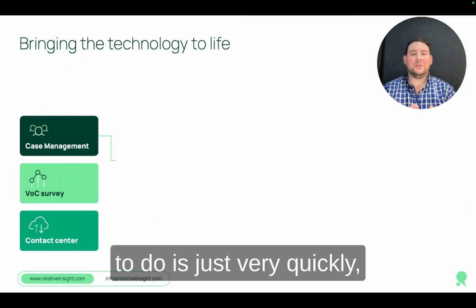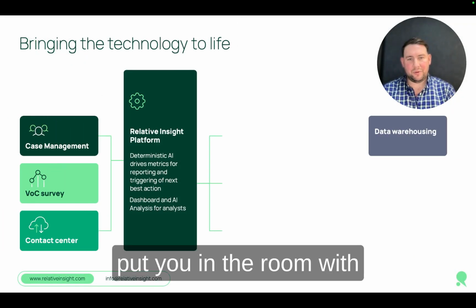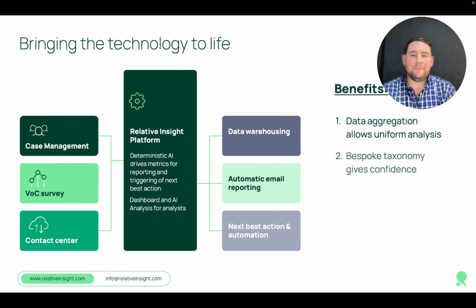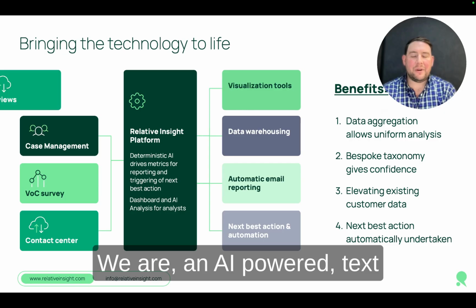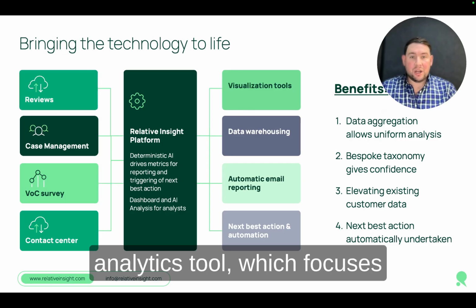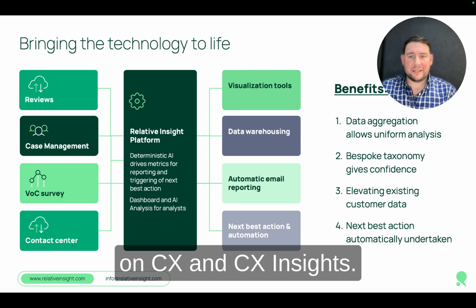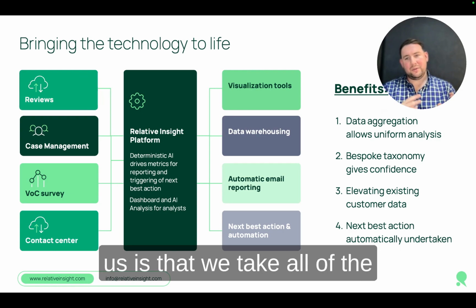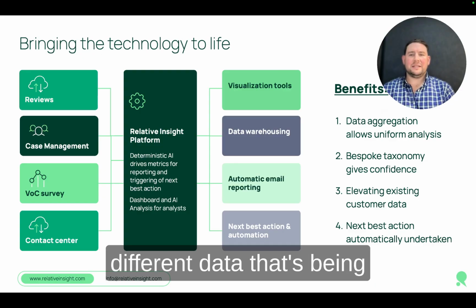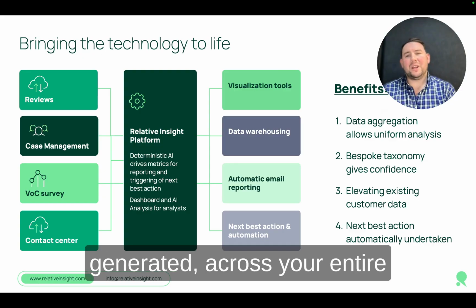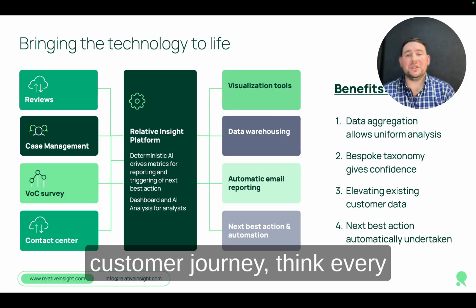The first thing I want to do is just very quickly put you in the room with what it is that we do. We are an AI-powered text analytics tool, which focuses on CX and CX insights. The way to think about us is that we take all of the different data that's being generated across your entire customer journey.